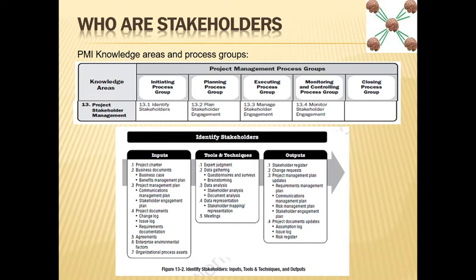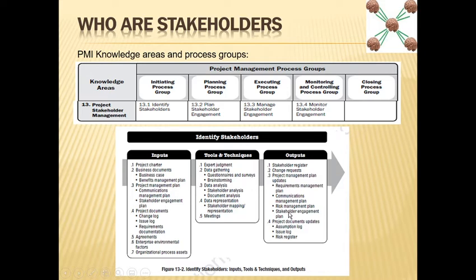Not in all cases, or maybe in very few cases, but if you are identifying a very key stakeholder at a later time, you should pay some price for it. So you need to update the project management plan. This I already told you: maybe your requirement management plan, communication management plan, risk management plan, stakeholder engagement plan, because this plan is very obvious.